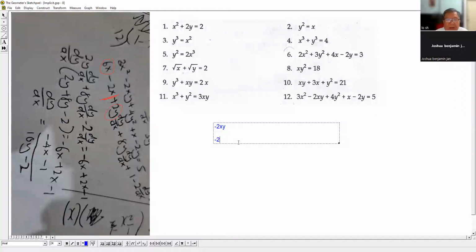Then you keep the y, plus, just now you differentiate the negative 2x. Now you keep the negative 2x, you differentiate the y. Differentiate y becomes 1. Differentiate y with respect to x becomes dy over dx.